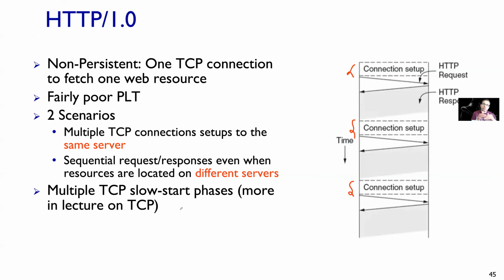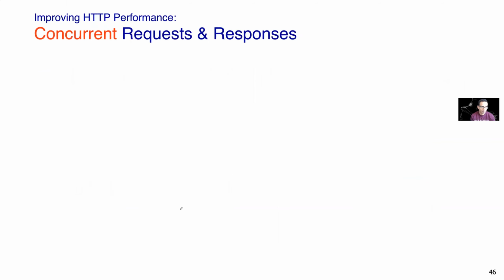Because TCP takes some time to figure out the underlying bandwidth, effectively determining a good sending rate, right? If you keep setting up new connections all the time, you're starting from scratch and not allowing TCP to discover the available bandwidth along the path, right?